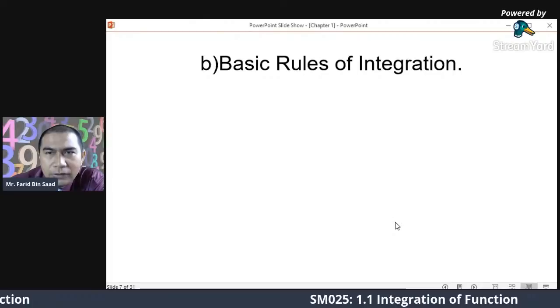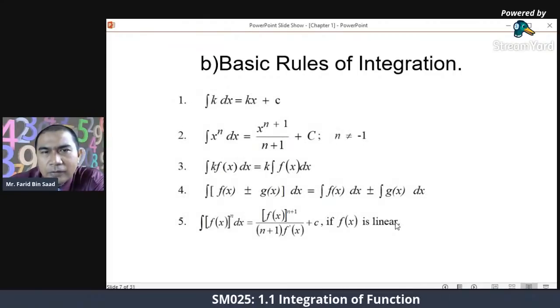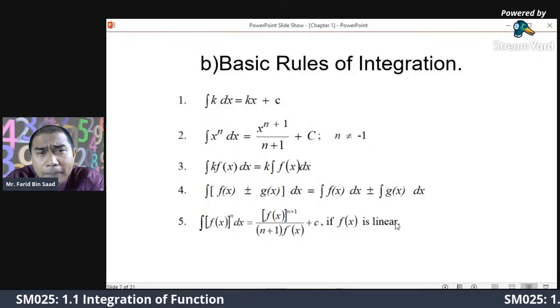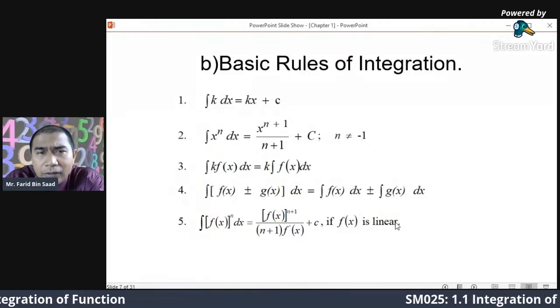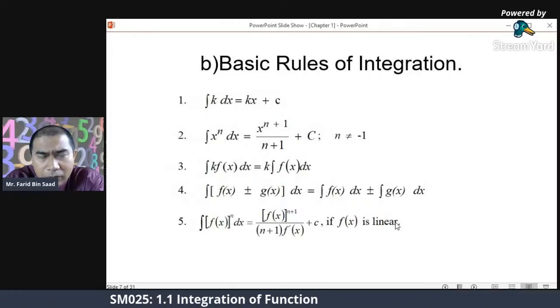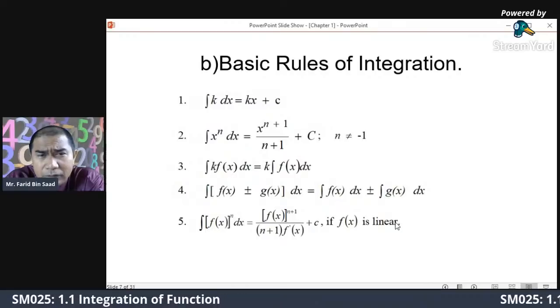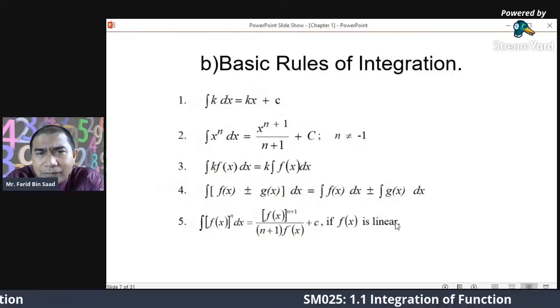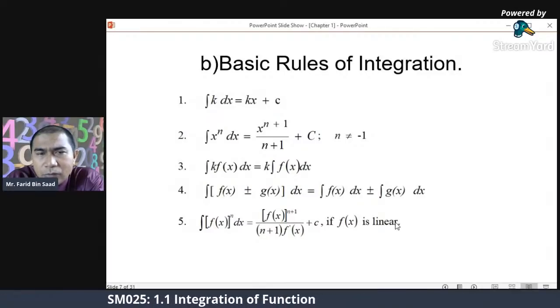Basic rules of integration. There are 5 basic rules. The first one: integral of k dx is kx plus c. The second: integral of x power of n dx is x power of n plus 1 divided by n plus 1, plus c, where n is not equal to minus 1.